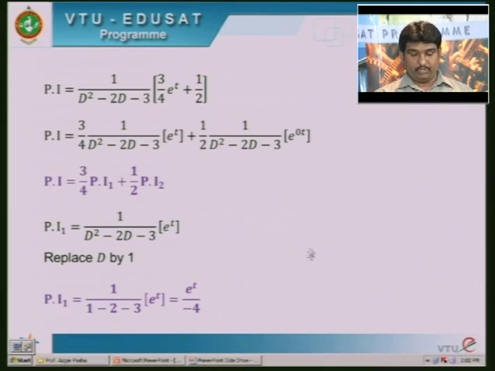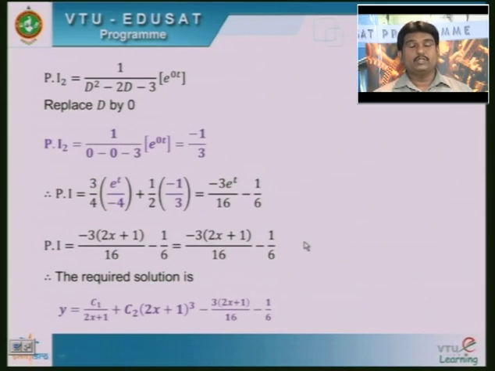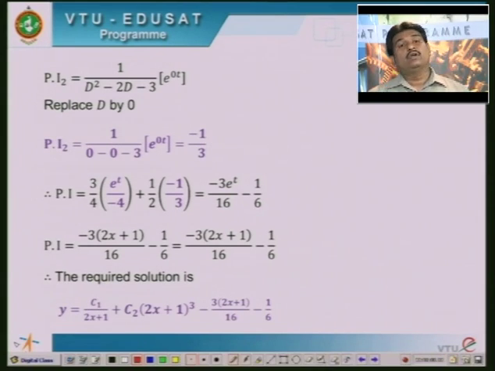This is PI1. Now consider PI2. PI2 is 1 by D² − 2D − 3 operated on e^(0t). Now we replace D by 0, and the denominator becomes 0 − 3, so it is nothing but −1/3.